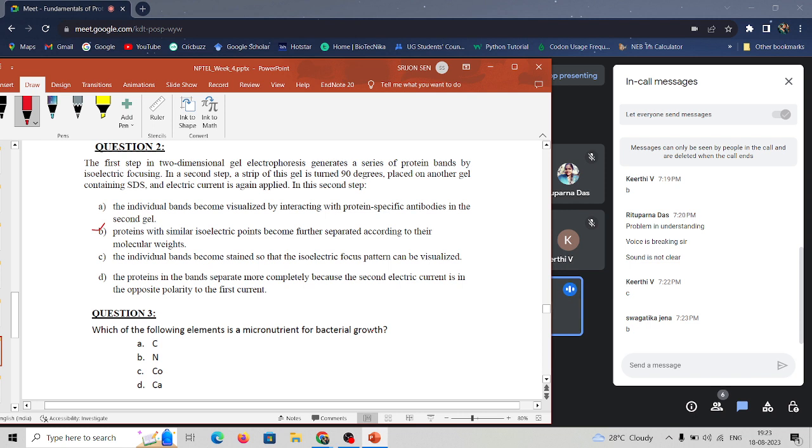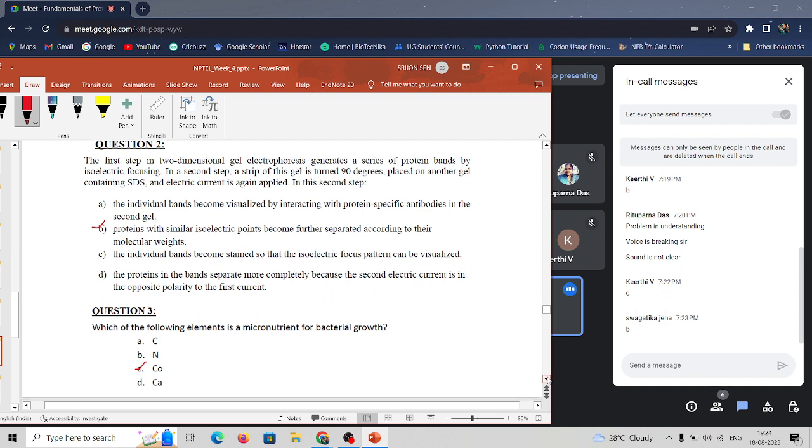Proteins require carbon and nitrogen mostly, so those fall under the category of macronutrients, because your proteins are mostly made up of carbon and nitrogen, and then you have different side chains and different divalent cations which enhance the entire process. Among the divalent cations, you have calcium, magnesium. So the micronutrient is cobalt. So C is the correct option, and the others are macronutrients.